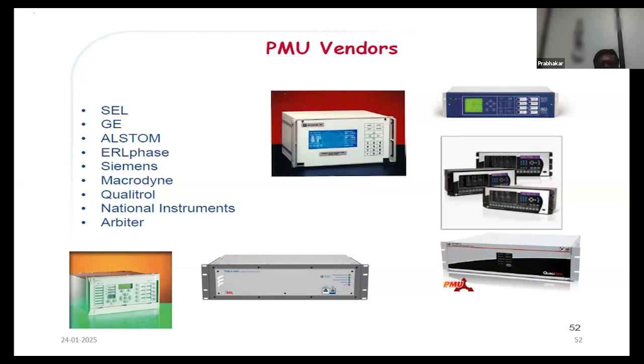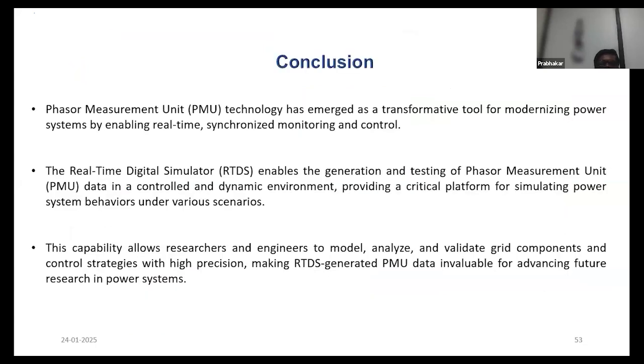Okay, so these are some vendors, and the conclusion is that this technology has emerged as a transformative tool for modernizing power systems by making the system real-time, with synchronized monitoring and control. And RTDS enables the generation and testing of phasor measurement units in a controlled and dynamic environment. This RTDS goes hand in hand.